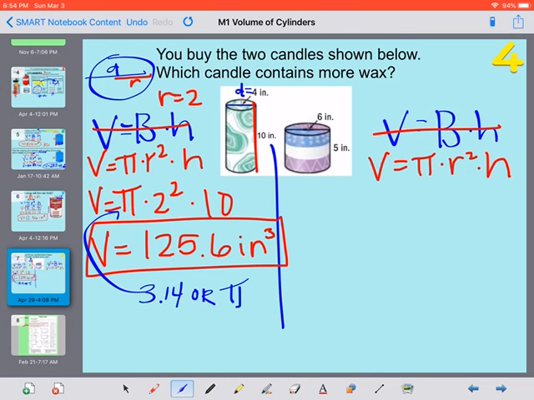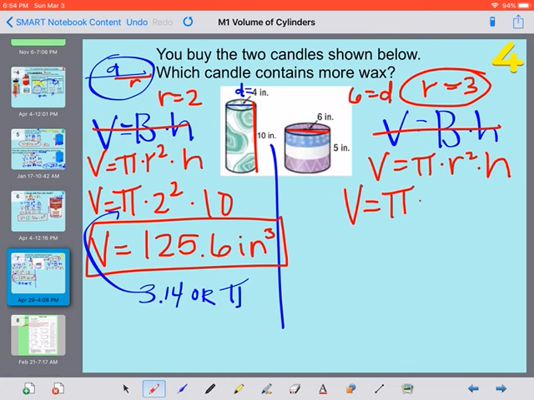Alright, next, similar candle. This one's a little bit shorter, a little bit wider as well. 6 is our diameter. If our diameter is 6, our radius is 3. So when we plug this in, pi times 3 to the power of 2 times our height, which is 5. So remember, 3 to the power of 2 is 3 times 3, if you don't have the power of 2 button. So 3 times 3 times 3.14 times 5.